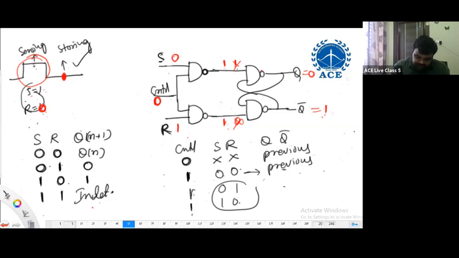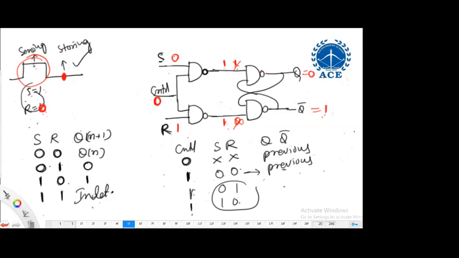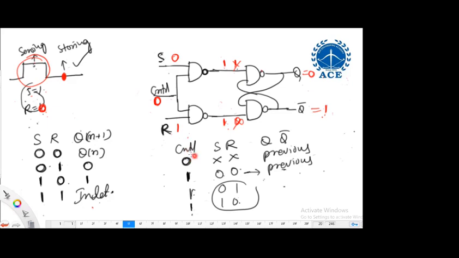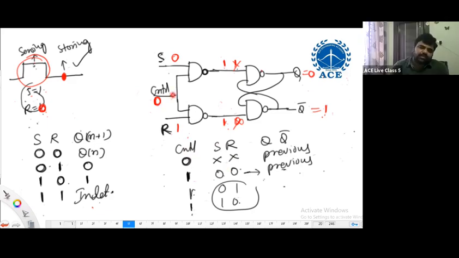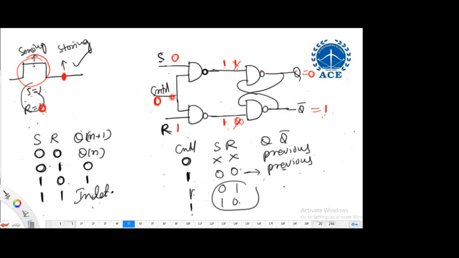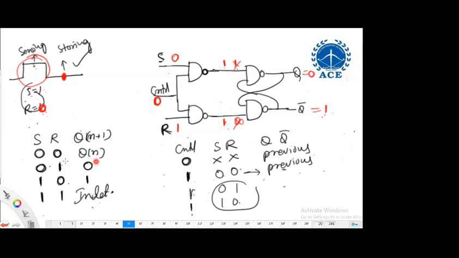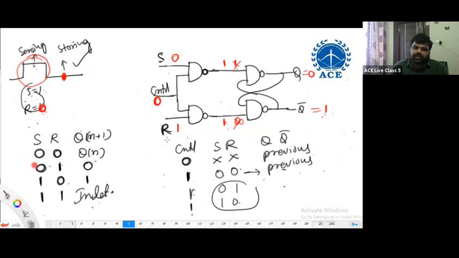Bharat: Sir, my doubt is in the same slide. If we take control signal as 0, irrespective of SR, the output will be the previous state, no, sir? Yes. Here you wrote the table for enable 1. When writing the table, on the left side SR and Q of n plus 1, when we take the enable signal, irrespective of SR, the output will be Q of n.